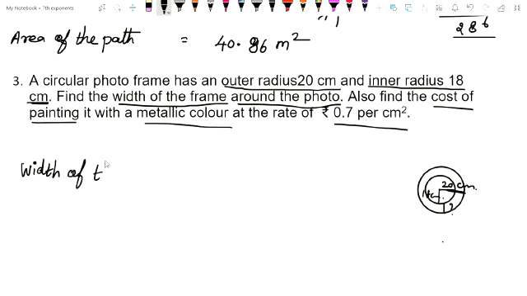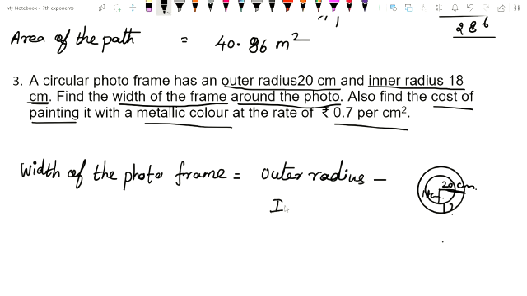Width of the photo frame equals, how do you find this, children? Outer radius minus inner radius, you will get the width. What is outer radius? 20 minus 18.